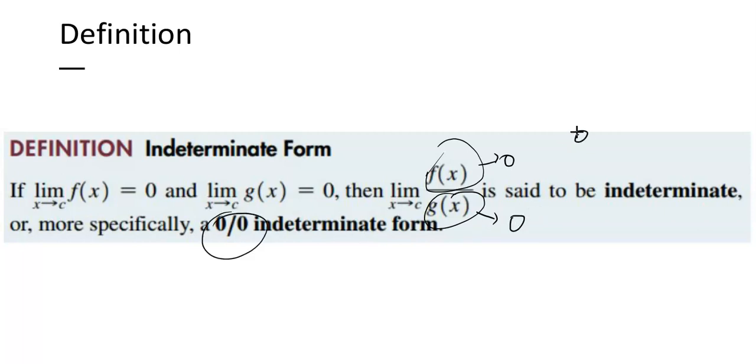So basically, when you try to evaluate the limit, you get 0 divided by 0. You might think, oh, you're dividing by 0, that means the limit doesn't exist. But because it's 0 divided by 0, it's indeterminate, meaning you don't know whether the limit exists or not. You have to evaluate it further, which will involve reducing the fraction first, and then come back to it and try to evaluate the limit after that.